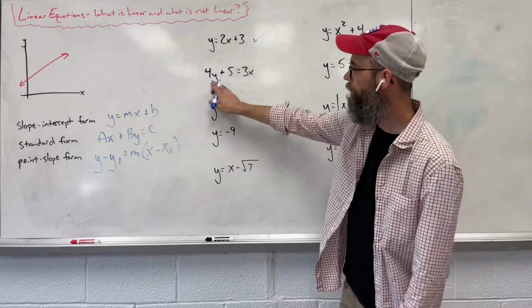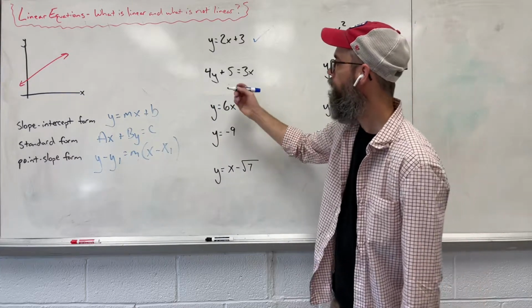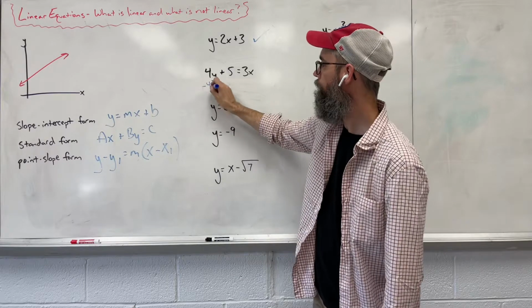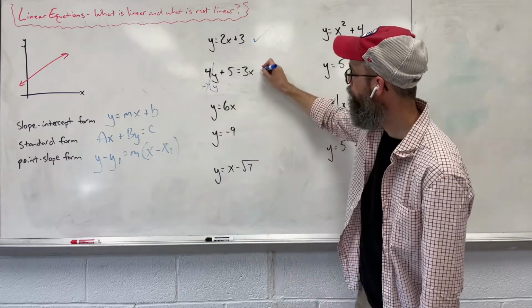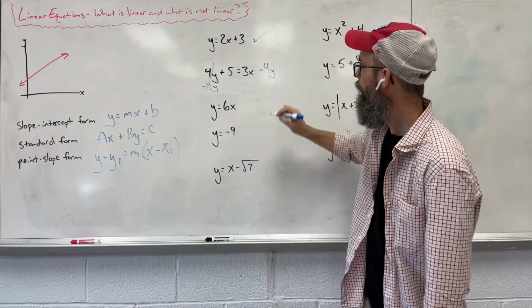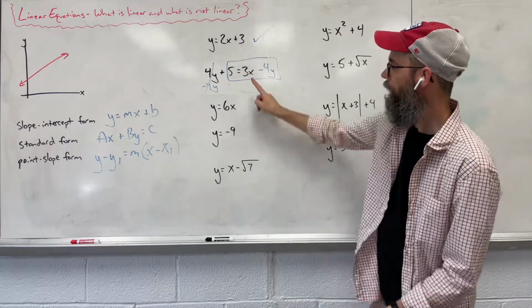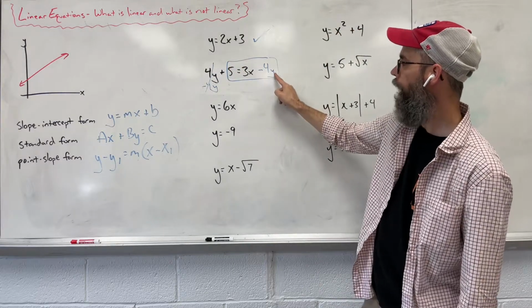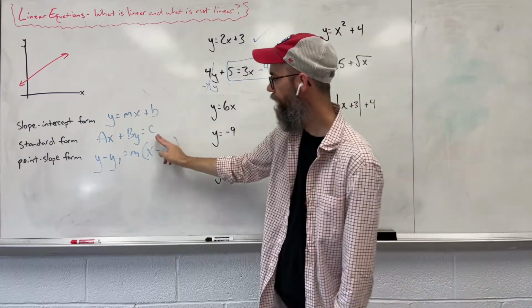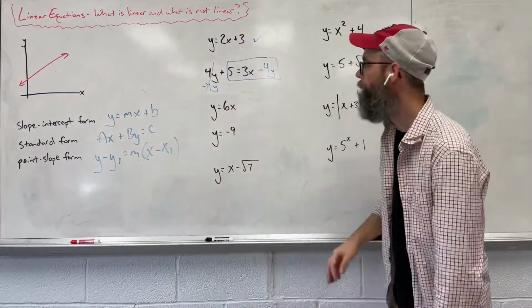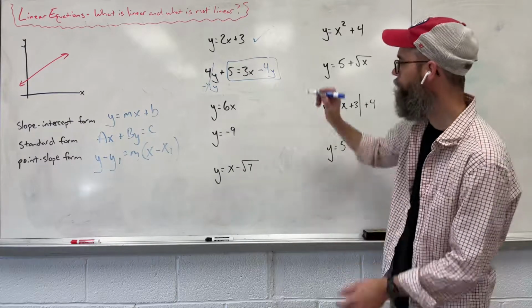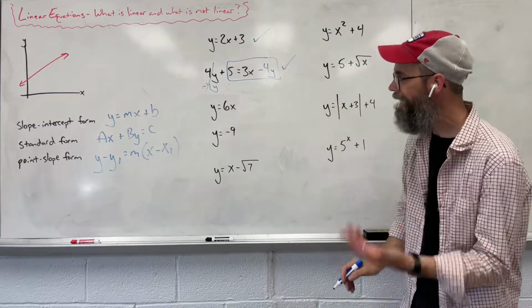In this case, I'm going to take 4y and bring it over here. It's a positive, so I'm going to say minus 4y. That's gone here, and I'm just going to put it up here. And now, if I look at this, ax, by, and my c, I just have that c on the other end, which is fine. This is in standard form. Congratulations, it is linear.